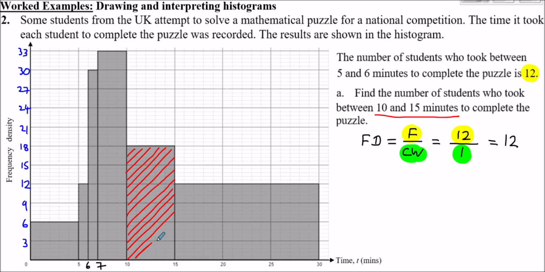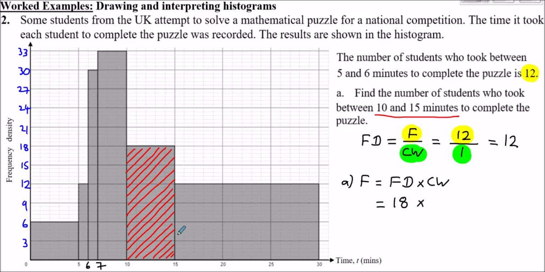So the class width from 10 to 15 is obviously 5. And the frequency density, now filled in this scale, is 18. So for part A, frequency is frequency density multiplied by class width, just rearranging this equation here. This frequency density is 18.